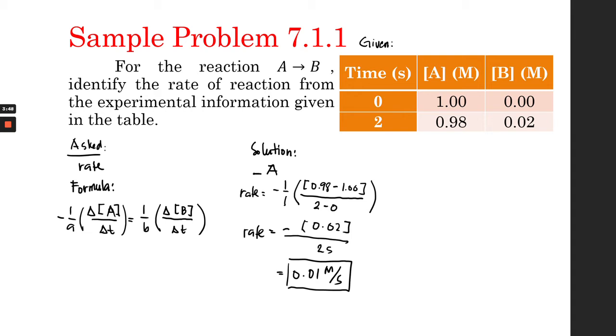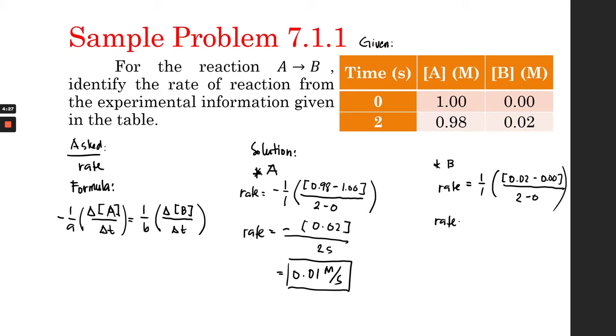So for B, the rate for B is equal to 1 over B. There's no coefficient for B, so that's basically 1, and it's positive because it's the product. Then we have the change in B, which is the final 0.02 minus the initial molar 0.00, divided by the final time 2 minus the initial time 0.